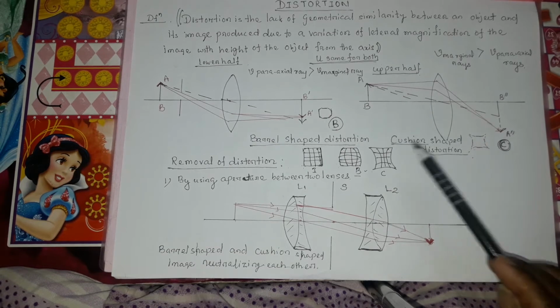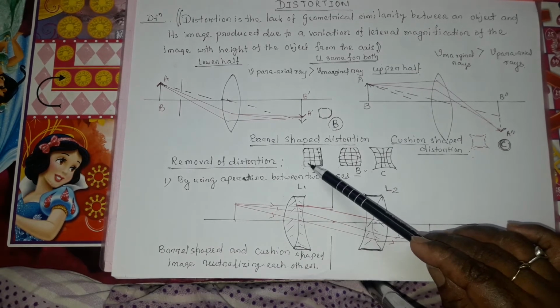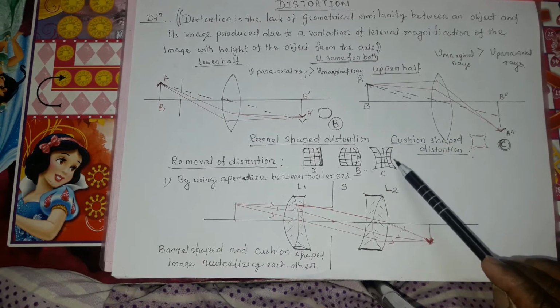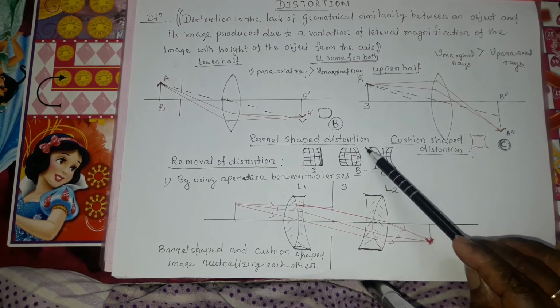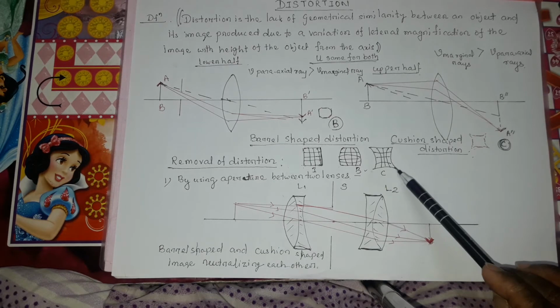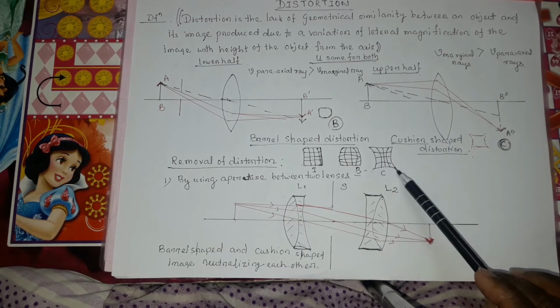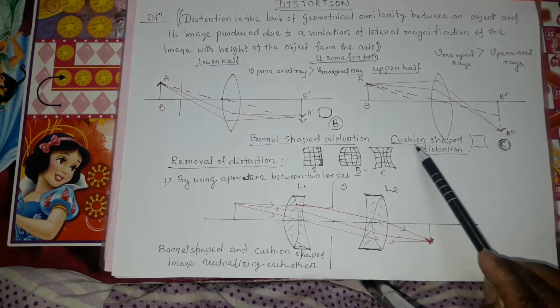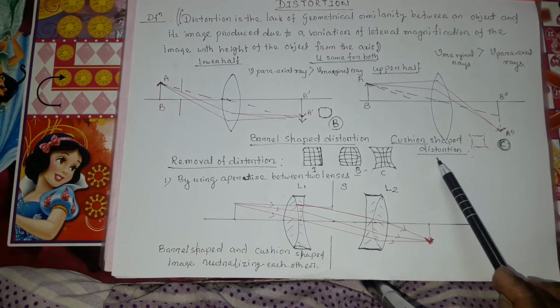In this case, if I keep this wire mesh in place of the object, the corner of the object is drawn outward. It is in the shape of a cushion. That's why it is called cushion shaped distortion.